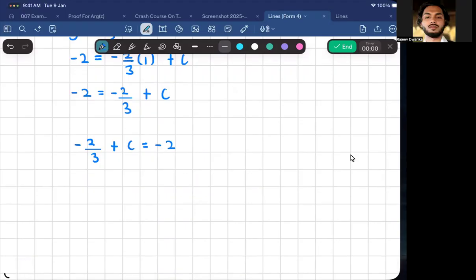If you're trying to find c, what shouldn't be here? The negative 2 over 3. So I'm gonna write back c, and on the right hand side, I'm gonna write back the minus 2.